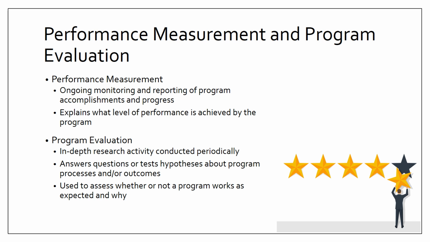It is important to keep in mind that performance measurement and program evaluation are not mutually exclusive. Grantees already engaged in performance measurement activities can build on that as they plan for program evaluation. For example, let's say your program is already collecting data to monitor and report on your program's progress towards achieving its expected outcomes for the program's beneficiaries.